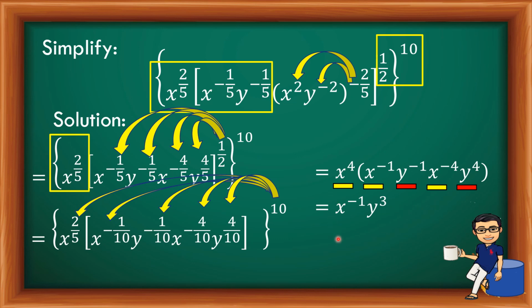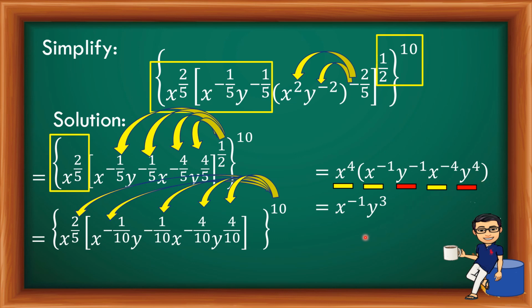Same base, copy the same base, then add the exponents. 4 plus negative 1 is positive 3. Positive 3 plus negative 4 is negative 1. So the exponent of x became negative 1. Then we go to y. y raised to negative 1 and y raised to 4, same base, copy the y, and add the exponents. Negative 1 plus 4 is positive 3.